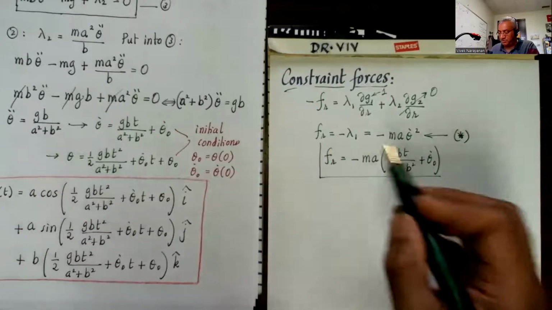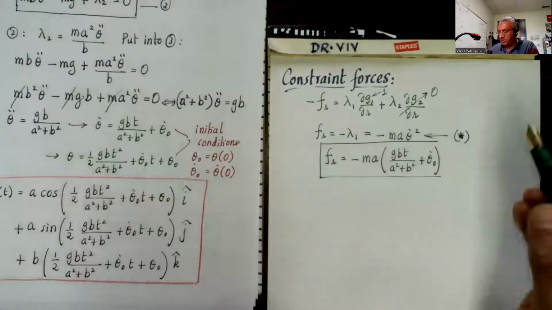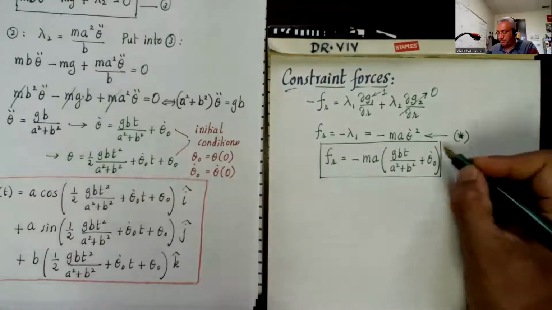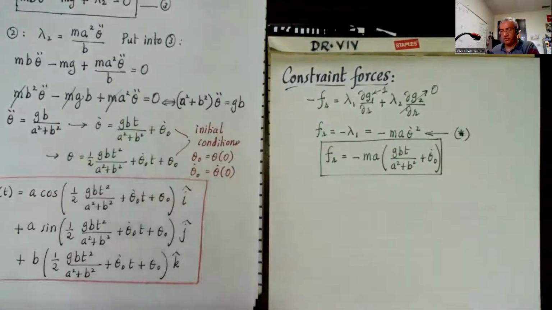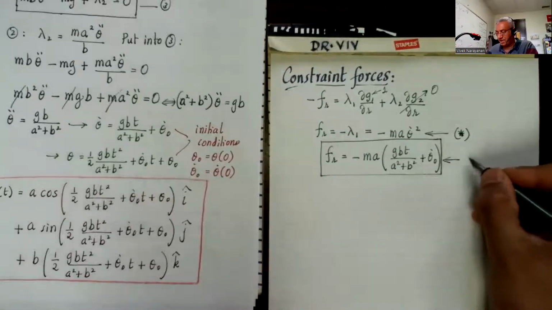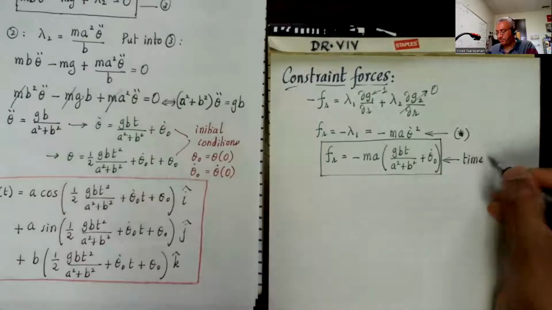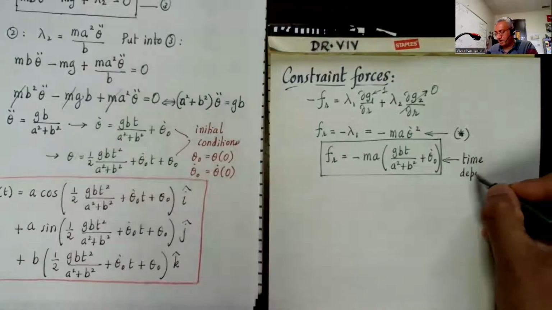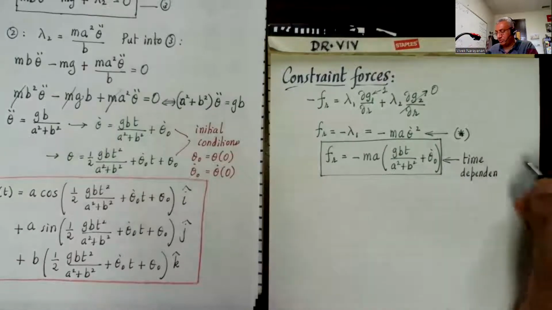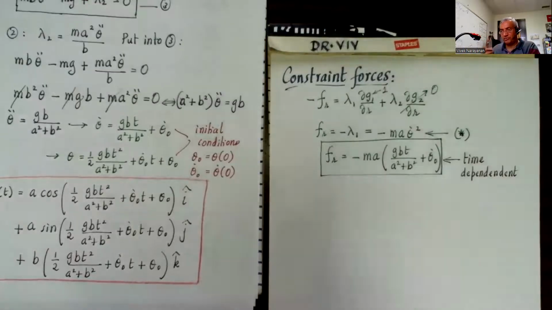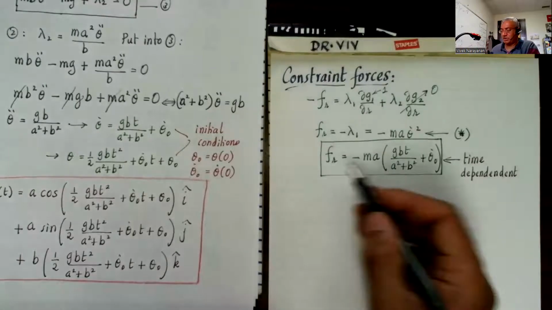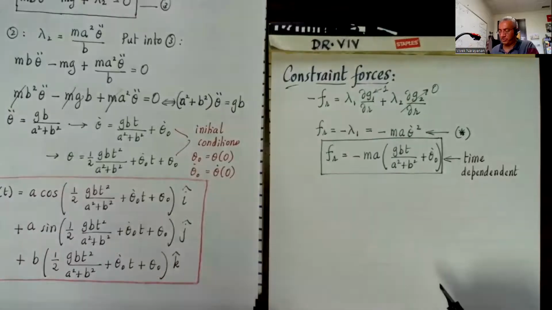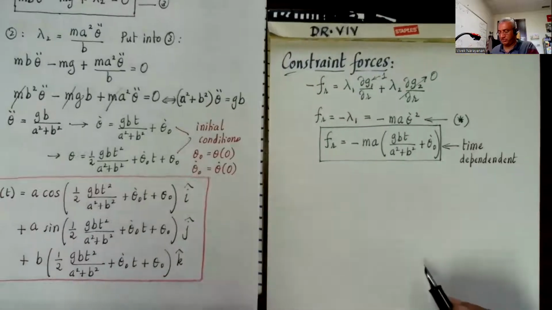I will nonetheless box this. It reveals that the constraint force in the radial direction is time dependent. That makes sense because as the particle slides down faster and faster, the centrifugal force will increase. And that F sub r is precisely the centrifugal force.